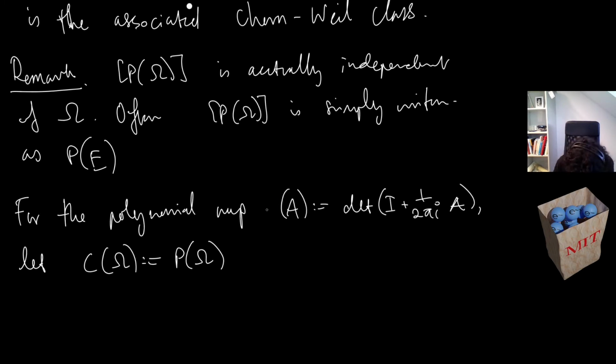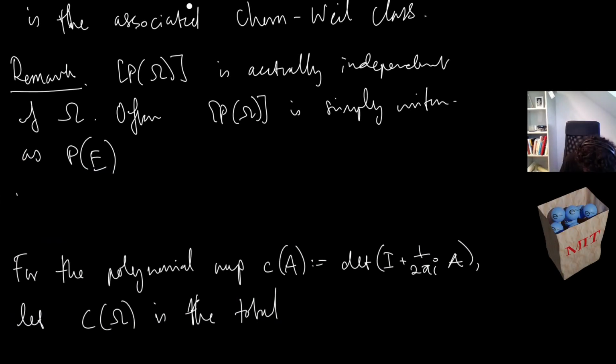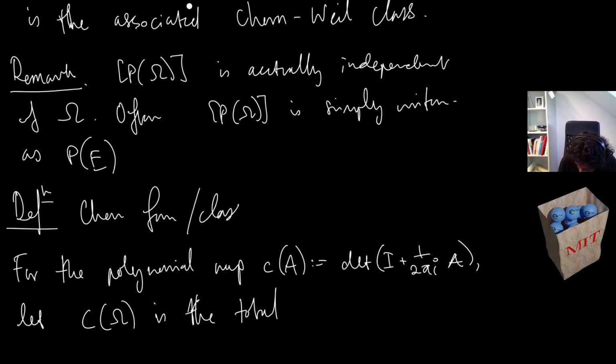Maybe actually I should have called this C of A, right? So C of A is the total. So this is really a definition, actually. So this is an important definition. So this is the Chern form or class.